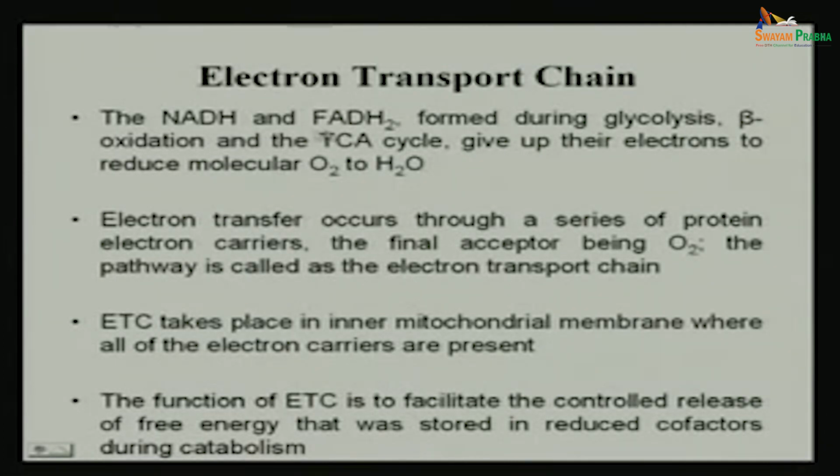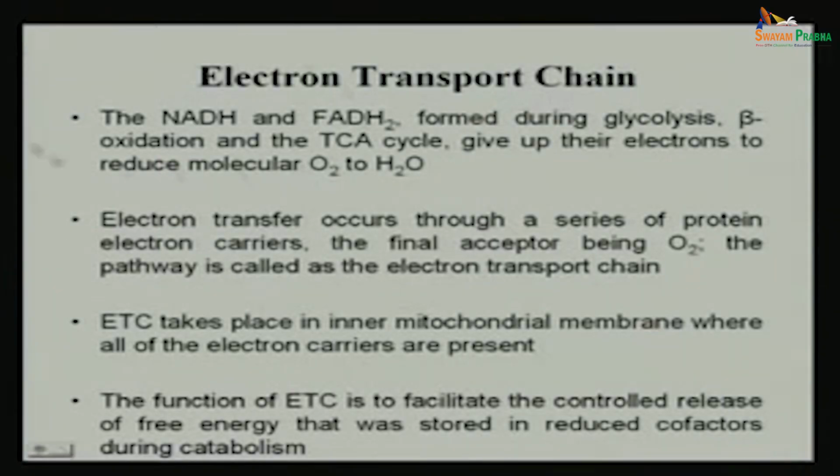That means NADH is formed in glycolysis, NADH is also formed in the TCA cycle, FADH2 is also formed, and these high energy molecules give up their electrons to reduce oxygen molecules, which convert to water molecules.